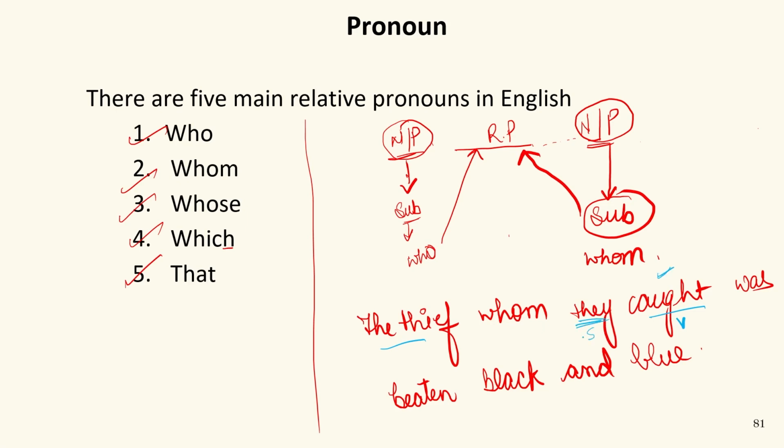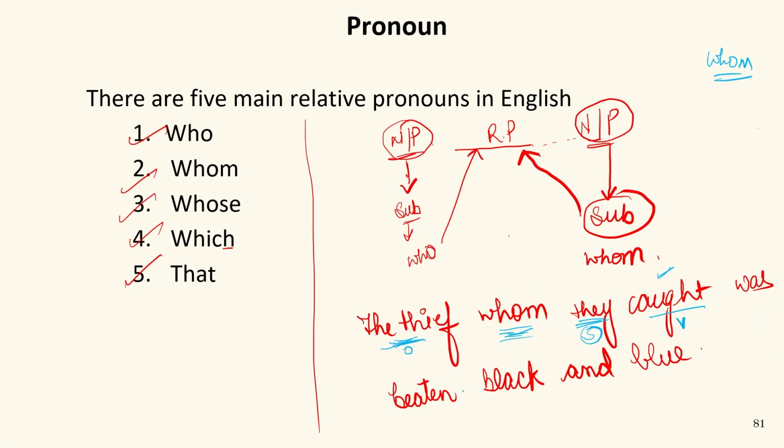It means they is the subject. They caught. Whom did they catch? They caught the thief. It means thief is replying to the question of whom. Here, thief is an object. Now, if thief is an object, we have used whom because the object part has come prior to the relative pronoun and the subject. Therefore, we have used the word whom over here.